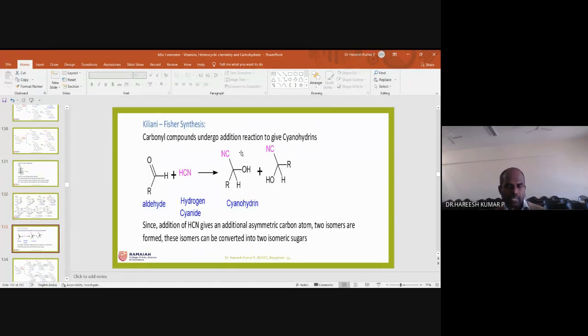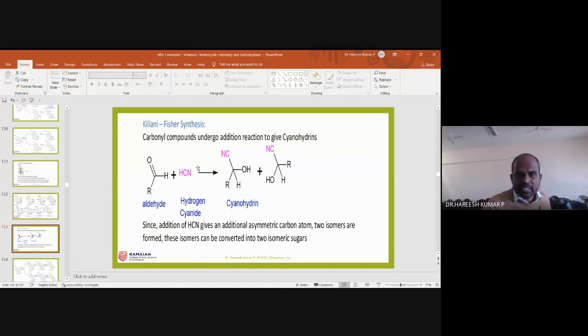There are questions on Kiliani-Fischer synthesis. Describe Kiliani-Fischer synthesis with an example. Usually this can be a 2 marks question or maybe a 5 marks question. For the 2 marks question and 5 marks question, you need to differentiate.